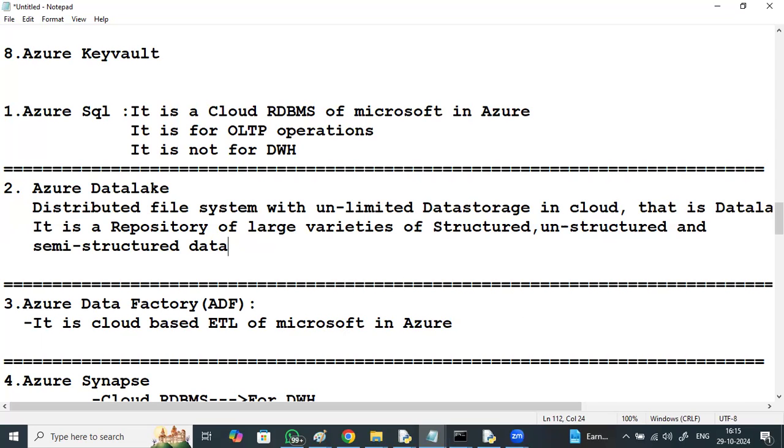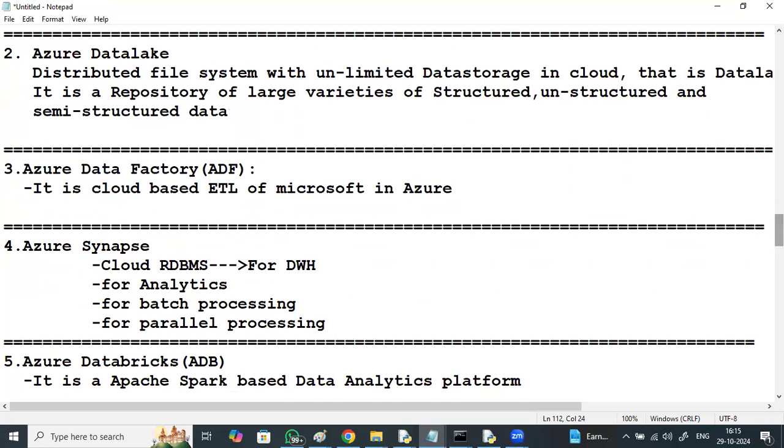I'll come back to this data factory, but first Azure Synapse.